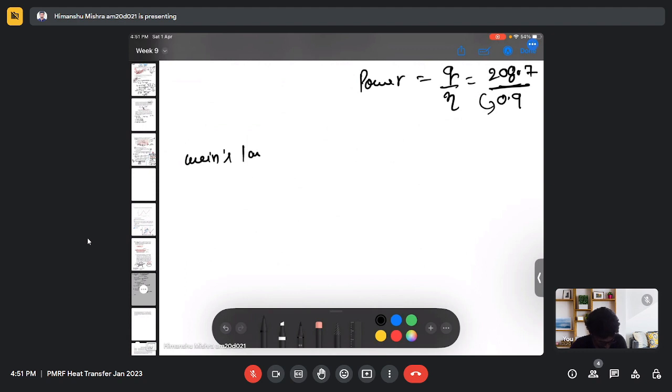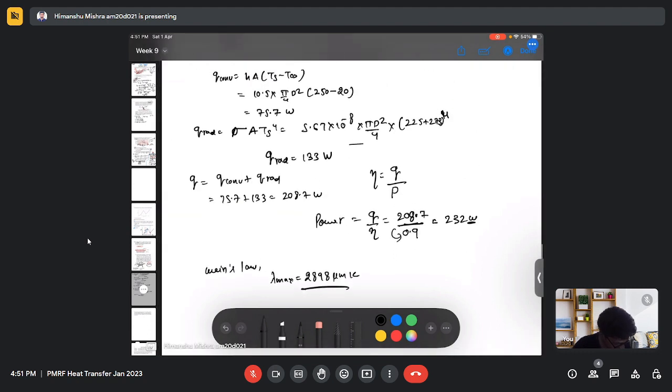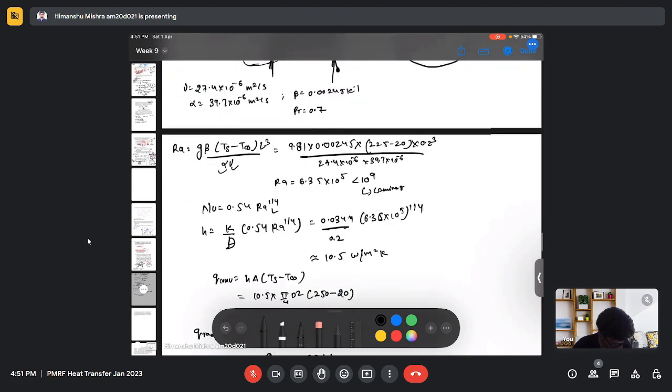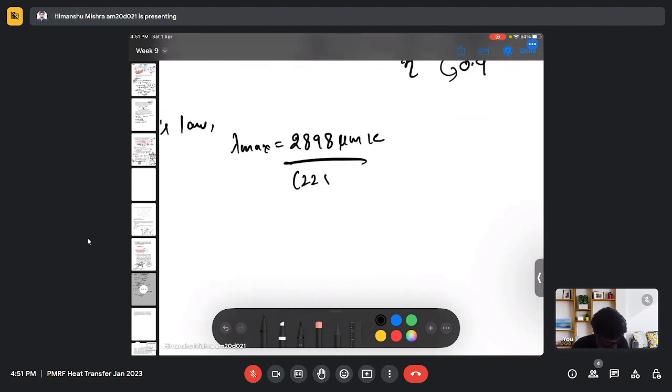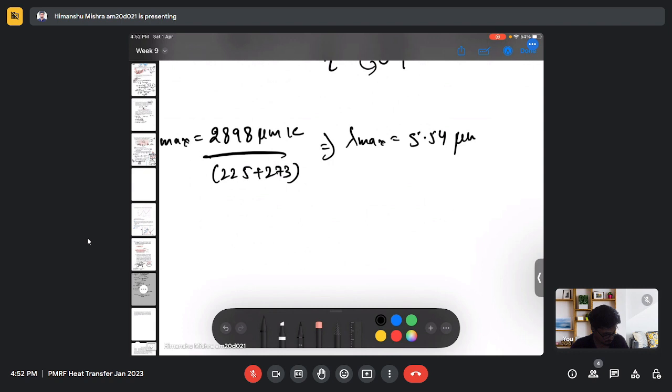Wien's law gives my maximum wavelength as 2898 micrometer Kelvin divided by my surface temperature in Kelvin. So on solving this, my maximum wavelength will be 5.54 micrometer.